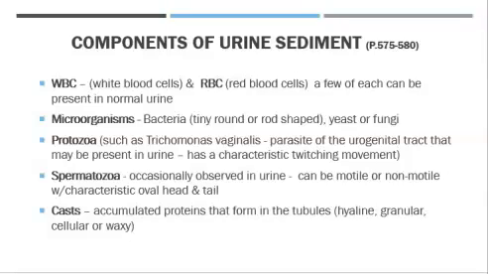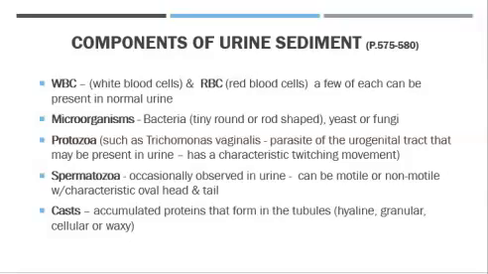The last thing we're going to talk about on this slide are casts, and casts are just an accumulation of proteins that are formed in the tubules of the nephrons. There are several different types of casts that can be formed in the tubules: the hyaline cast, the granular cast, the cellular cast, and the waxy cast.